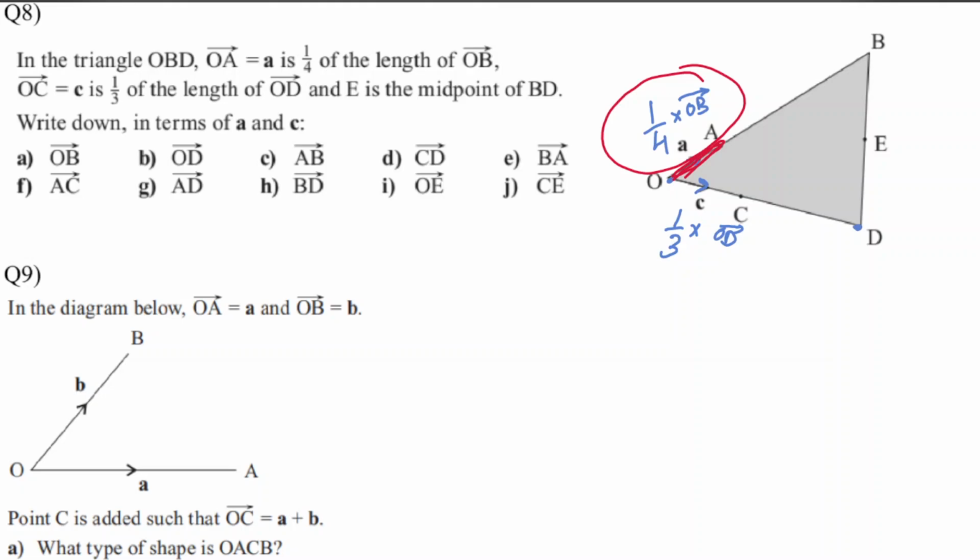So OB will be 4A, because this is one part of the 4, that is A. The total is 4 parts, each part is A. So there is 4A. OB will be equal to 4A.